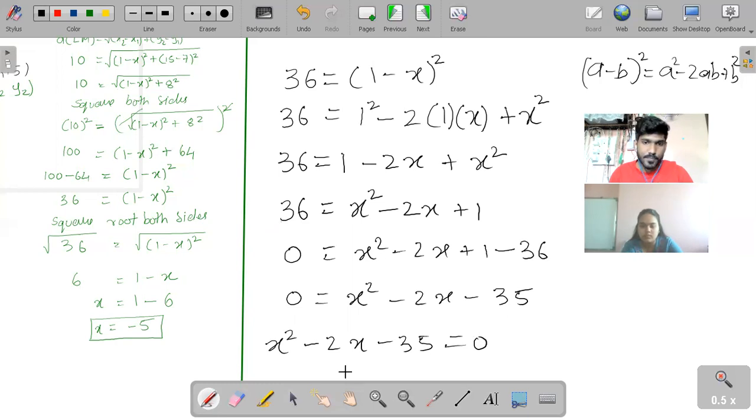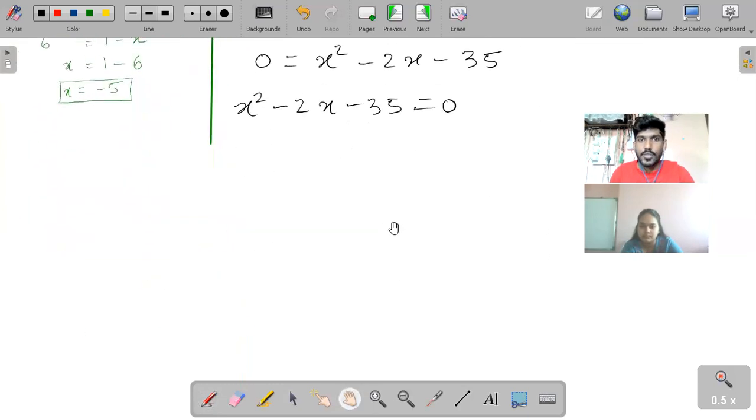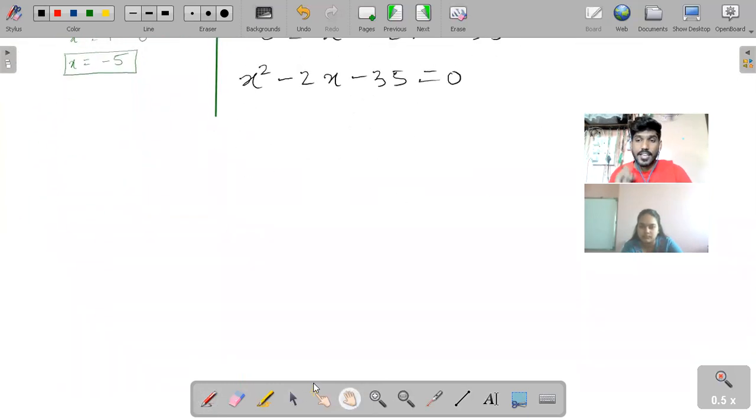Fine? Yes. Okay. Now, if you remember, this is a quadratic equation. What is a quadratic equation? This, first of all, is an equation because it has an equal to sign. And it has only one variable, and that is variable x. And the highest power of that variable x is, what is the highest power? 2. Correct?